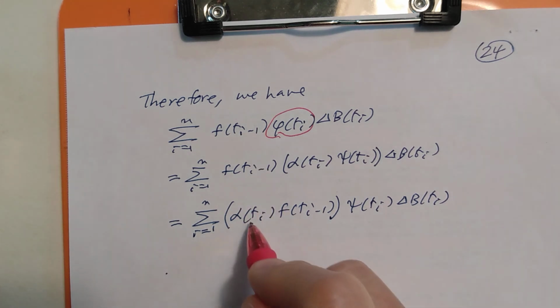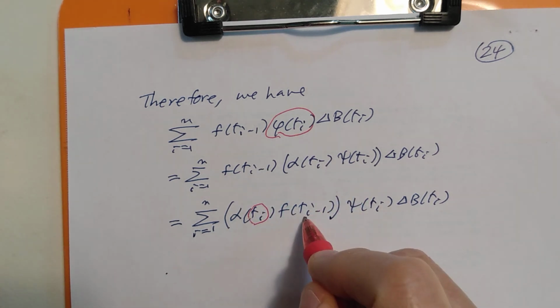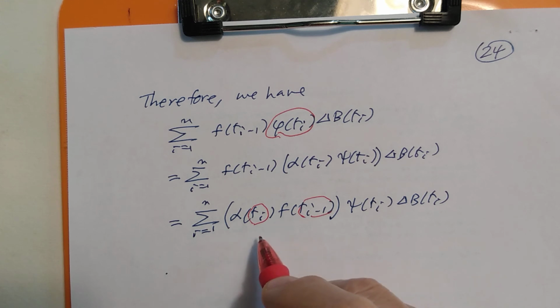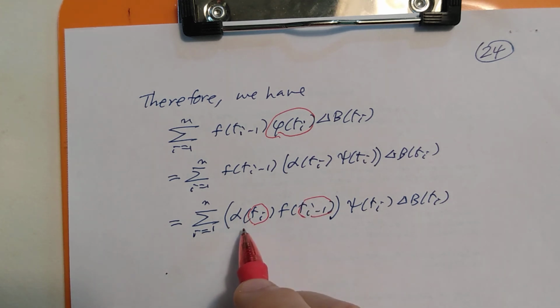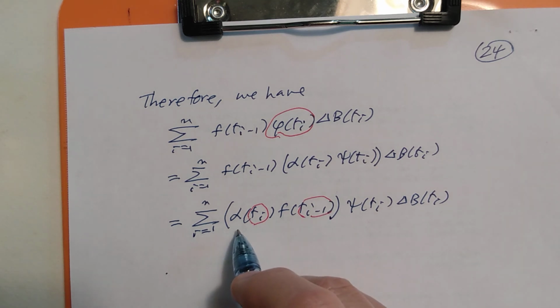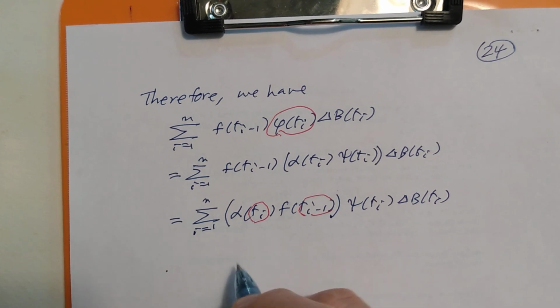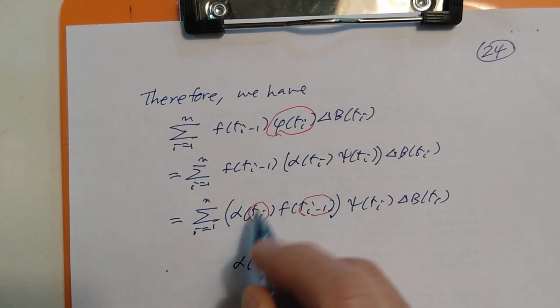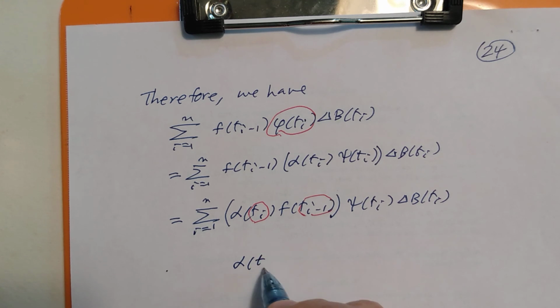Now you see here this is t sub i, this is t sub i minus 1. When this alpha is regarded as a multiple of f, the evaluation is at a different point, but we need the same point. Now note that alpha is continuous. Since alpha is continuous, we can replace alpha t sub i by alpha t sub i minus 1.